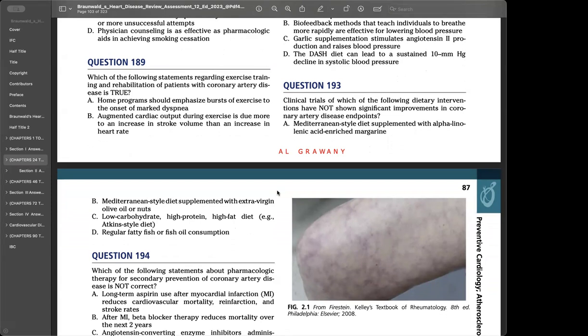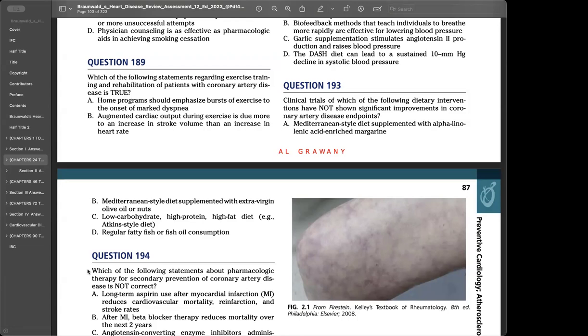Okay, this question is testing our knowledge of clinical trials carried out on effects of diet on reducing cardiovascular events. The Mediterranean-style diet is rich in fruits, legumes, vegetables, and fiber, but has reduced meat, butter and cream.